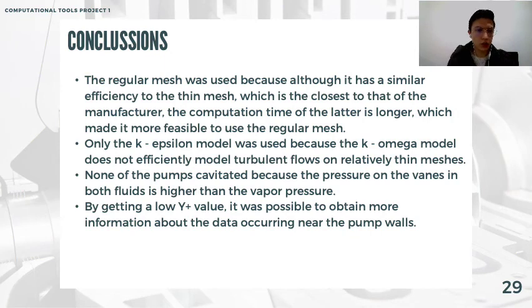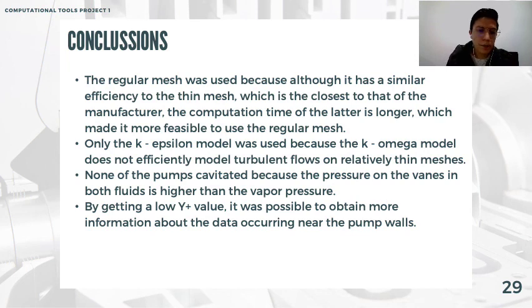For our conclusions, the regular mesh was used because although it has a similar efficiency to the thin mesh, which is the closest to that of the manufacturer, the computation time of the latter is longer, which made it more feasible to use the regular mesh. Another conclusion is that only the K-epsilon model was used because the K-omega model does not efficiently model turbulent flows on relatively thin meshes.